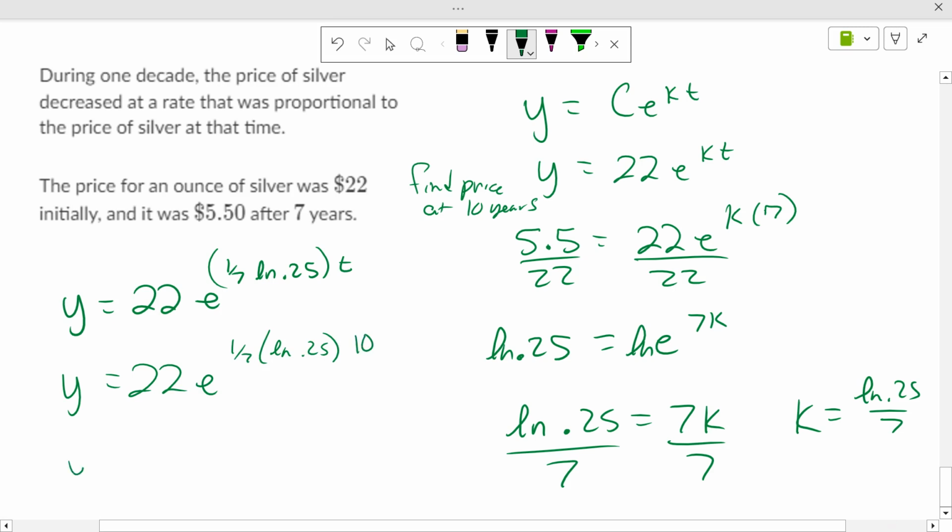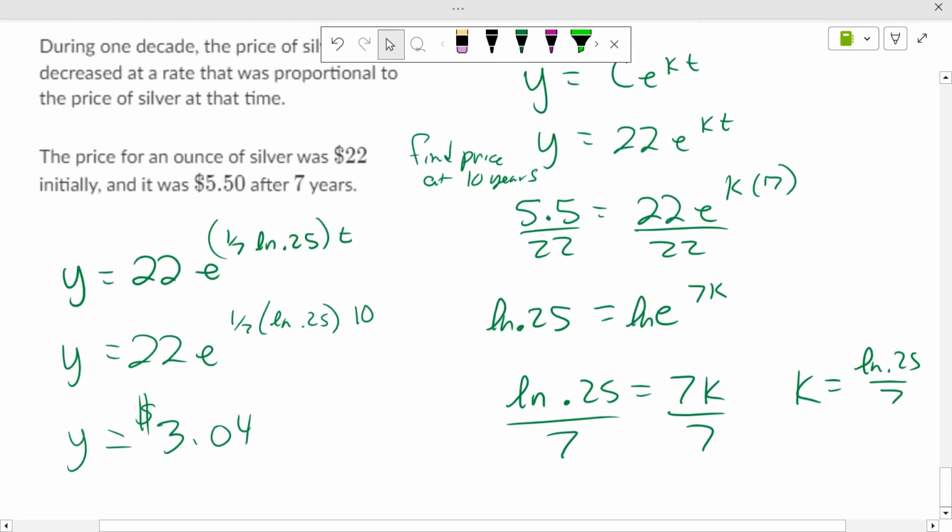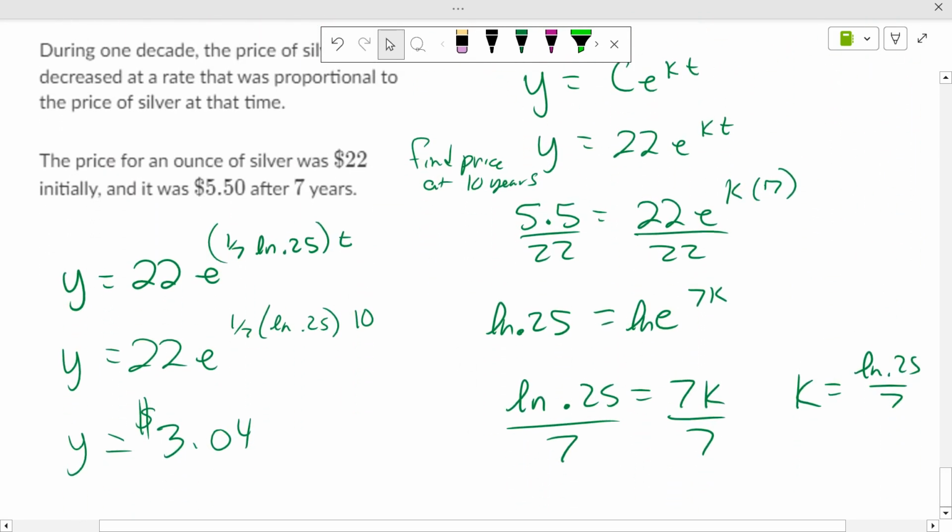If you do that on your calculator, you should get a price. What do you get? Should be lower than 5.50, because if it was over 5.50, something went really wrong. $3.04. Okay. So you'll have a couple that are similar to that, where you have to take Ce to the kt.